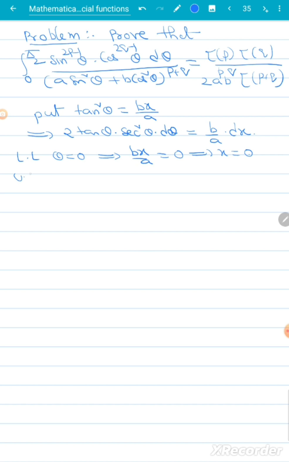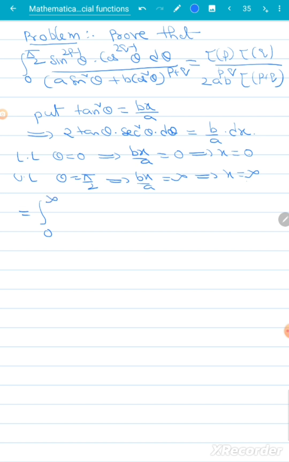And for the upper limit, theta equals pi by 2. This implies that bx by a is equal to infinity, so x is equal to infinity. So this is equal to integration from 0 to infinity.